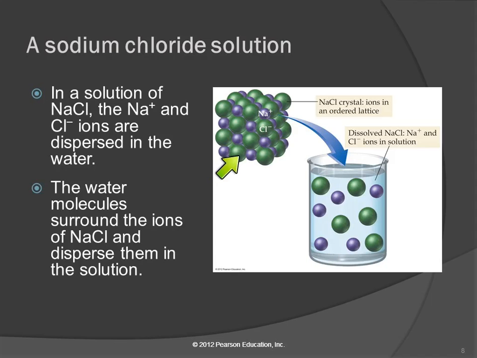When we add this crystal of salt to the water and the ions dissolve, now they are mobile. They can move around and they get dispersed and spread out. The sodium chloride does not just sit at the bottom. It appears that it disappears, right?